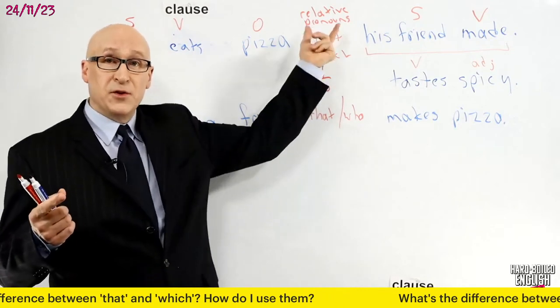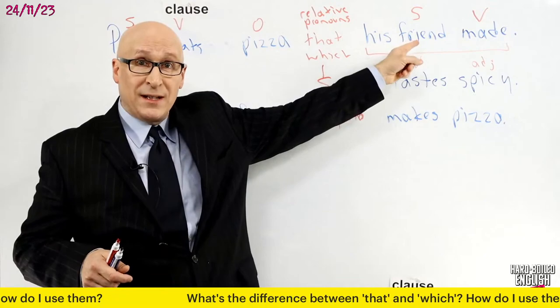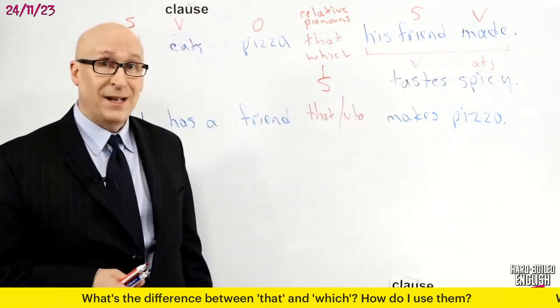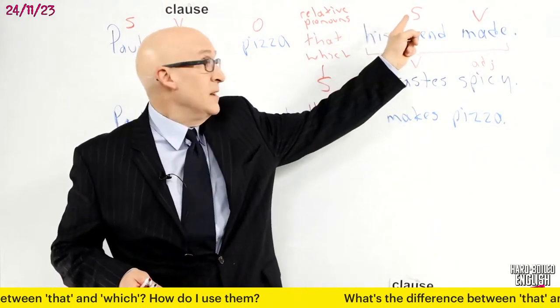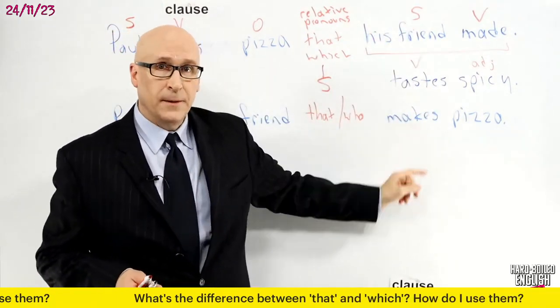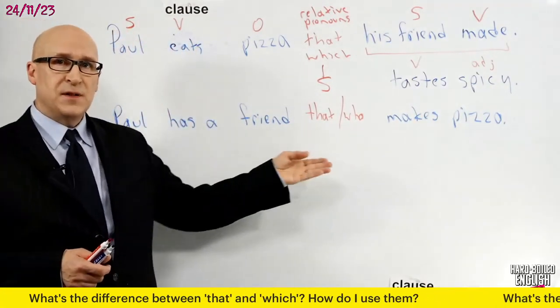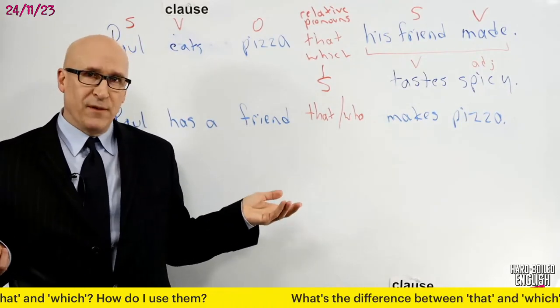Remember, you can only drop the relative pronoun, delete it, if you have a subject next, right? Because the clause needs a subject and a verb. Subject, verb. Okay? Now, Paul has a friend that or who makes pizza. Both are fine.